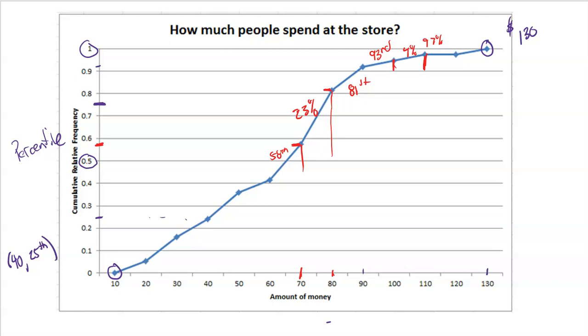If I'm drawing this histogram out, 10 to 20 is only a small chunk. 20 to 30 is a little bigger chunk. 30 to 40 is about the same. And then 50 to 60 is a little bit smaller. 60 to 70 is a pretty big chunk. 70 to 80 was a big chunk. And then it gets smaller from there as it's not so steep. So you get a feel for the percentage of data within each chunk.